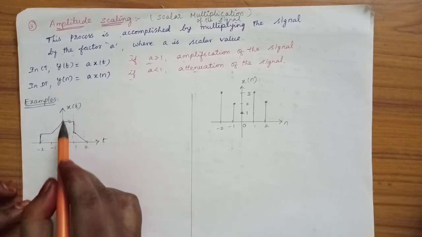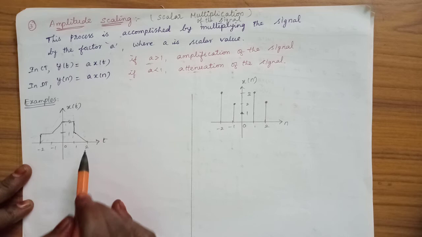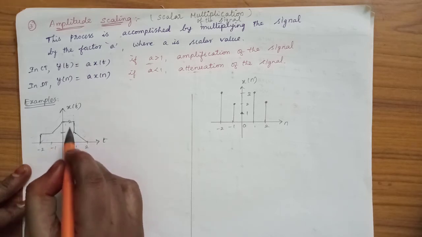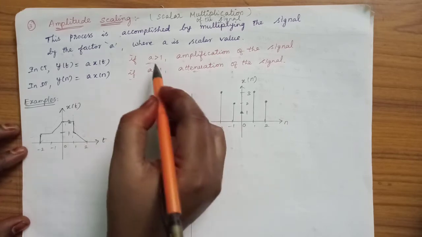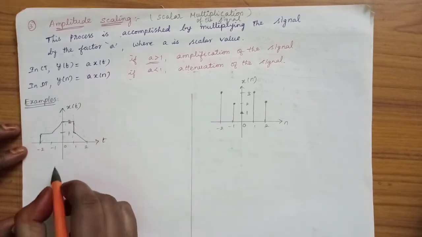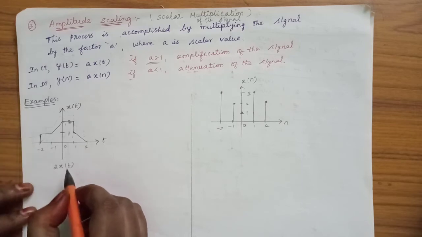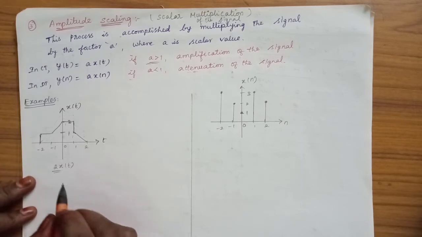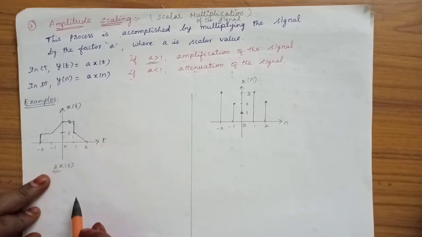So let me take first x of t from minus 2 to plus 2, with amplitude levels 1 and 2. First we will take one example for a greater than 1, that is 2 into x of t. It means that the resultant signal amplitude is twice that of the original signal.